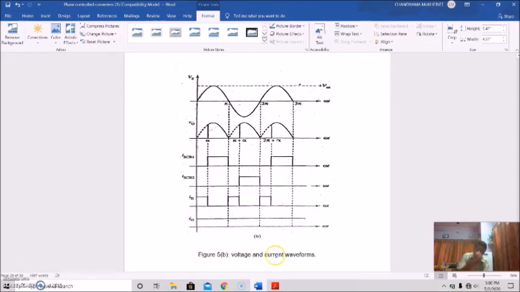So with this, we can conclude our discussions on this single phase full wave center tap type converter with various loads, resistive, inductive or highly inductive load, and the modifications of the waveforms by connecting a freewheel diode across the load, and how it has been modified from the resistive load waveform to the inductive one, and then with the presence of the freewheel diode. And that's all about our discussion today.